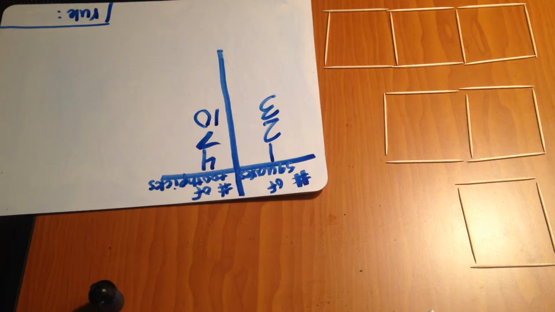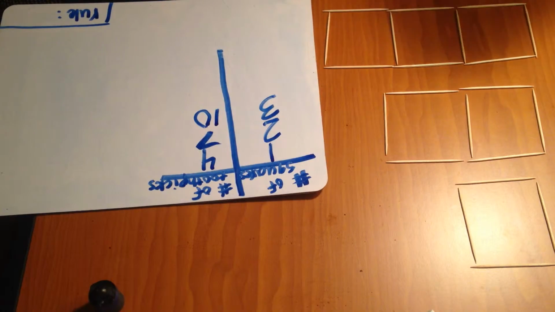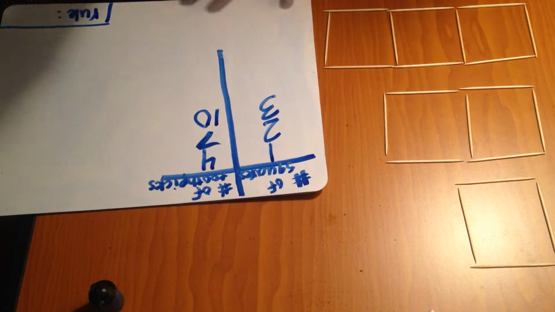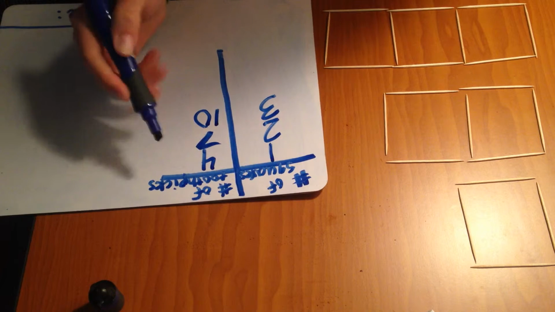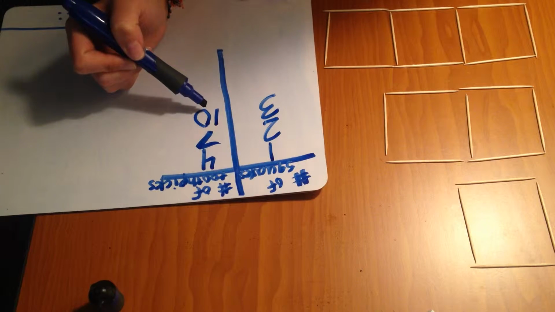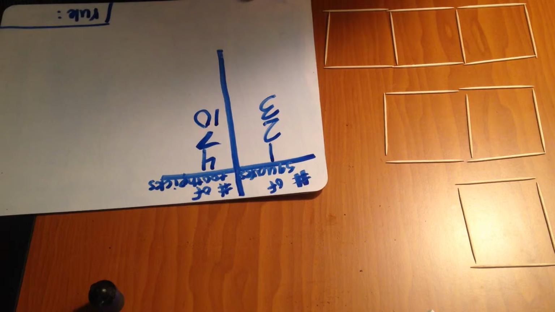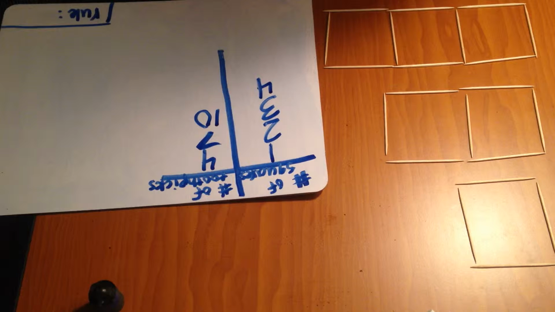What I notice when I look at my table is that on my right side, my numbers seem to be going up by 3. I know that 4 plus 3 is 7, and 7 plus 3 is 10. So I wonder, what's my 4th term?